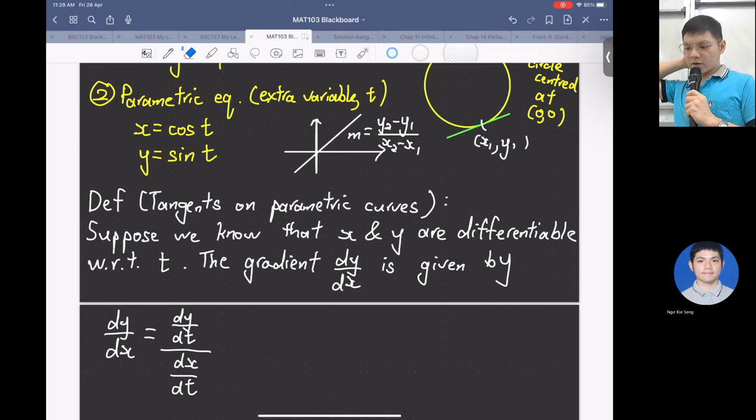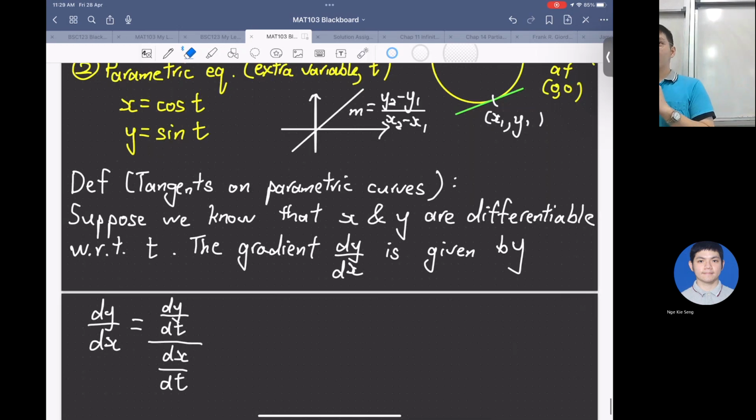Really, I shouldn't write it like this. Did you guys see any problem if I write like this? You mean dx/dt? Okay, sure, let's add that in.